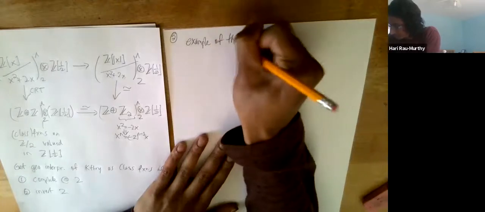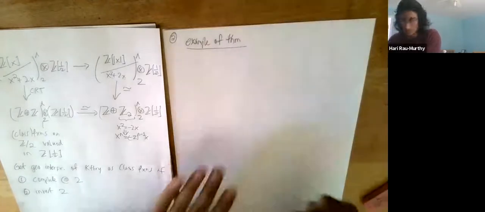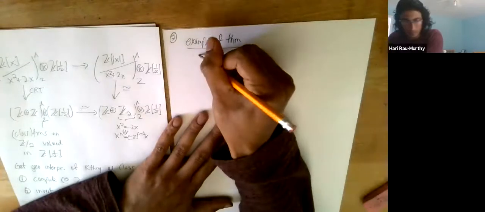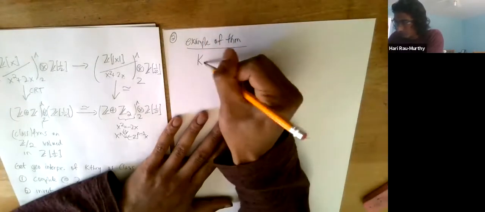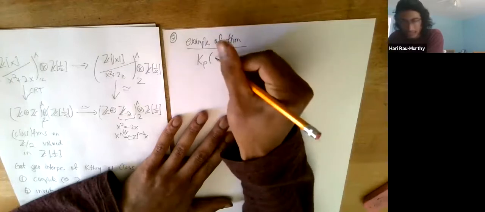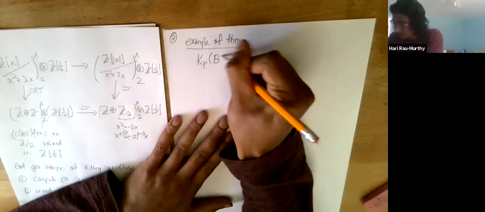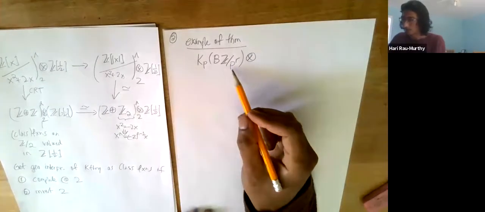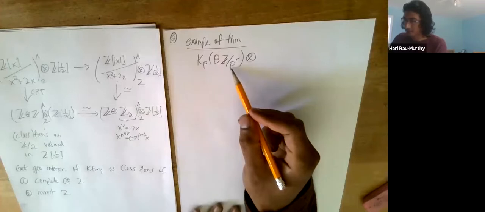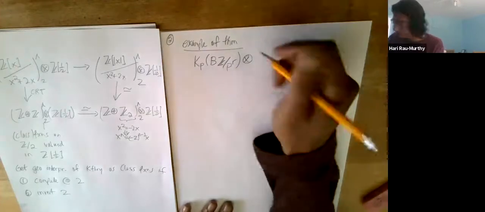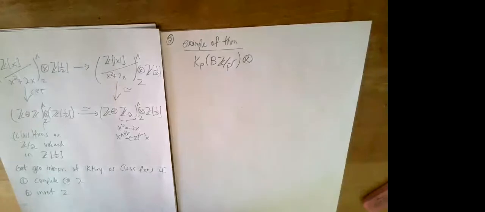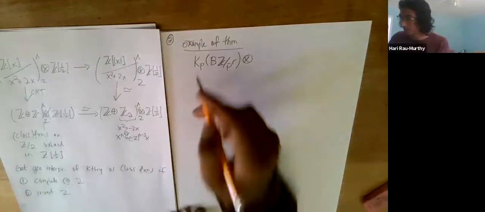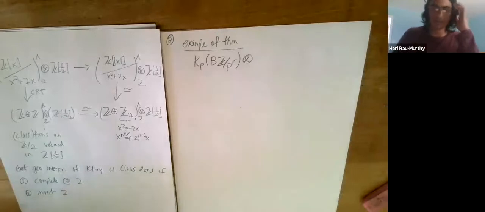So what I wrote down was that to complete at the prime p, the way that Z mod 2 generalizes is that if I look at Z mod p to the r, I can define p-complete K theory.